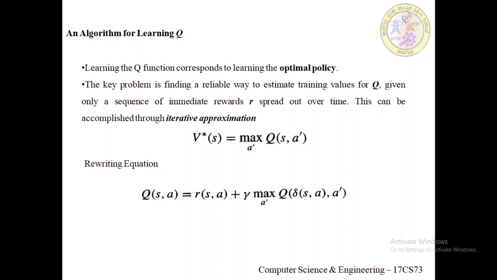The table can initially be filled with random values, though it is easier to understand the algorithm if one assumes initial values of 0.